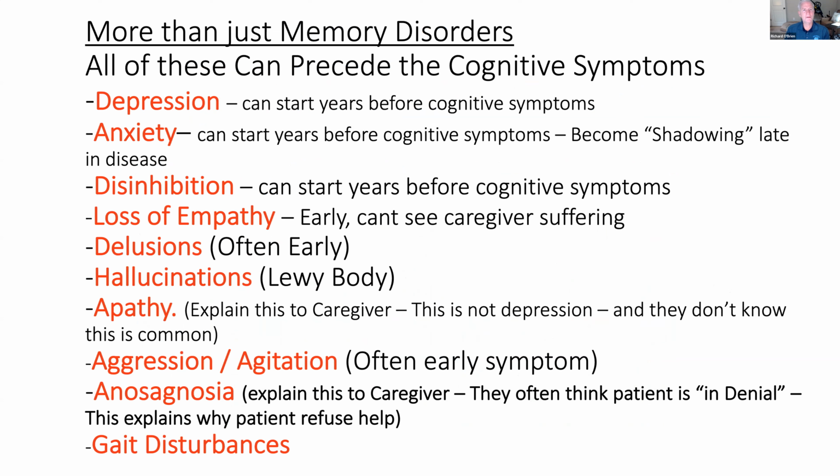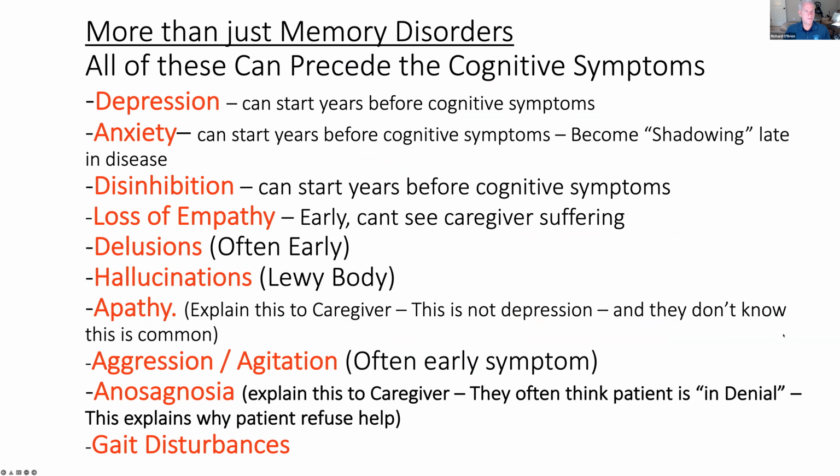Now, it's important to remember these are more than just memory disorders. And all of these can precede the cognitive symptoms: depression, anxiety, which late in the disease becomes shadowing and is a real problem, disinhibition, loss of empathy, which falls on the caregiver.